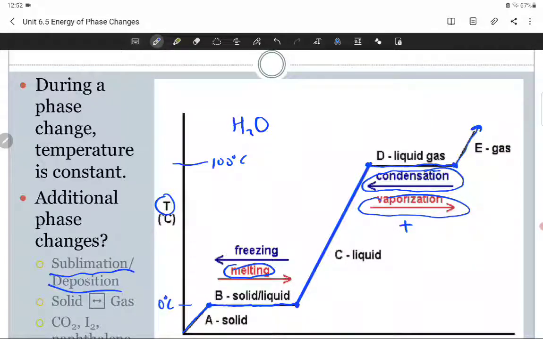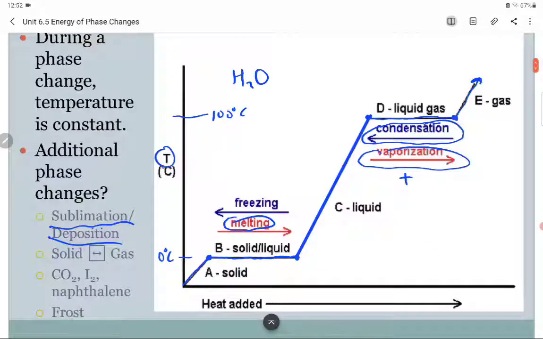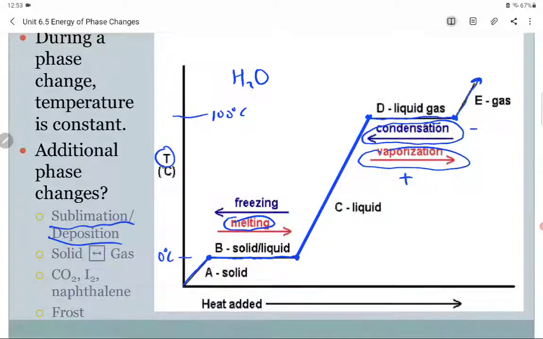It has to absorb energy. And if I move this up just a little bit, you can see that as you go left to right on the x-axis, you're adding heat energy. If you're going with condensation, gas to liquid, it's going to be a negative value. Same number.